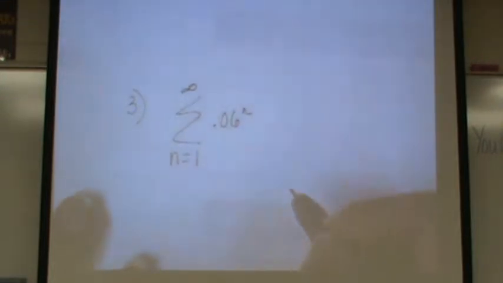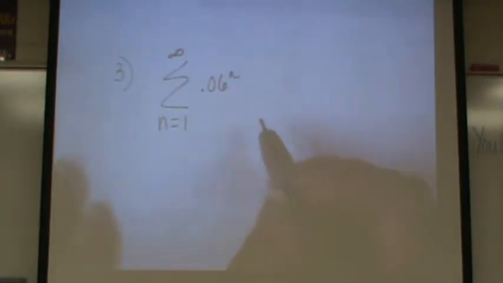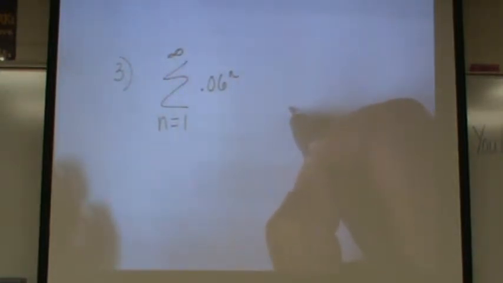Number 3. We are asking you to add n equals 1 to infinity, and 0.06 to the n is your rule. If you were to plug a 1 in here and then a 2, you would find out that the r value is 0.06.